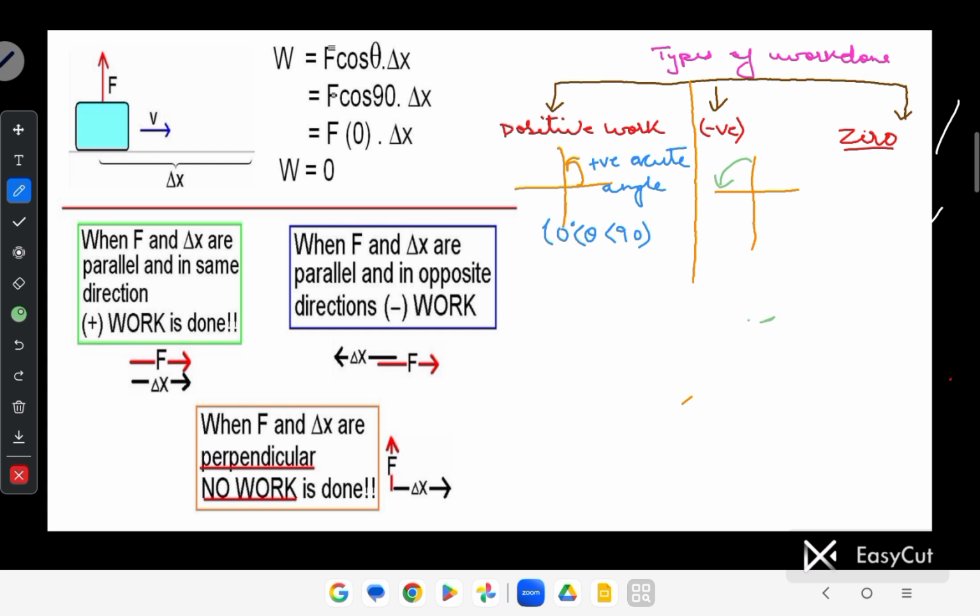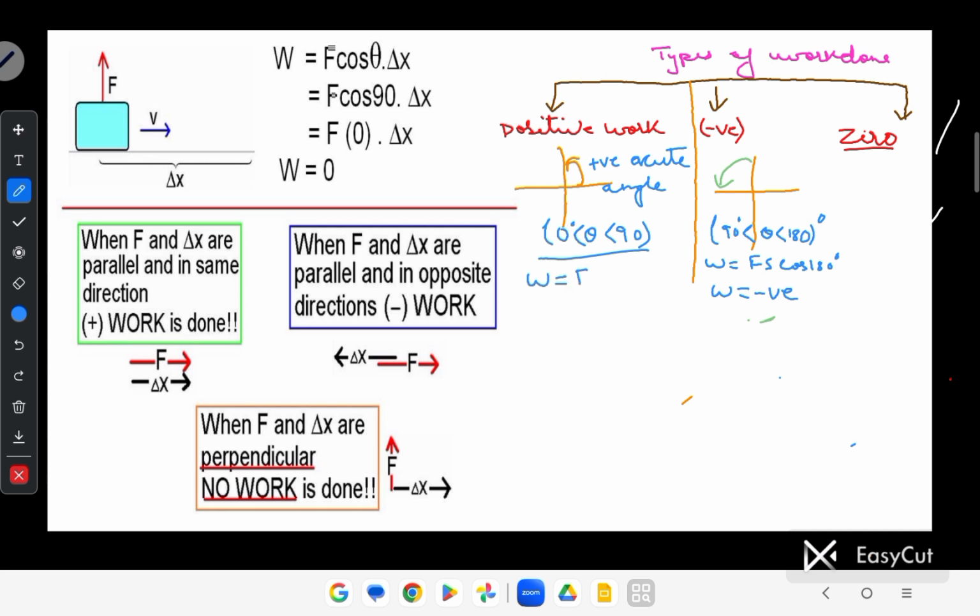Here the angle which has been subtended is greater than 90 degree but less than 180 degree. In that case we will have W is equal to Fs cos 180 degree, and here the work done is said to be negative.